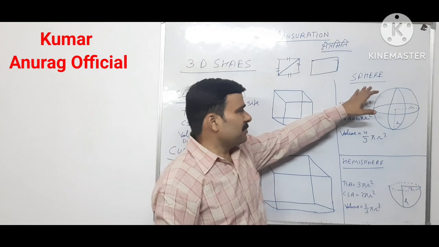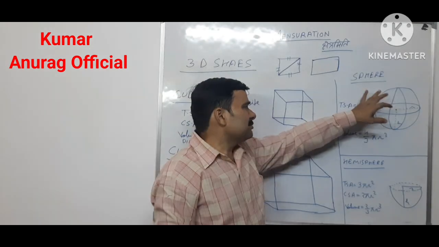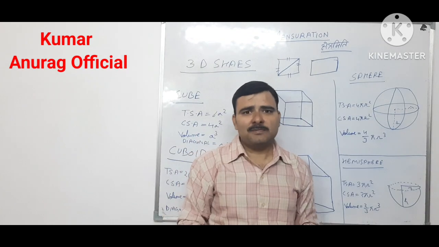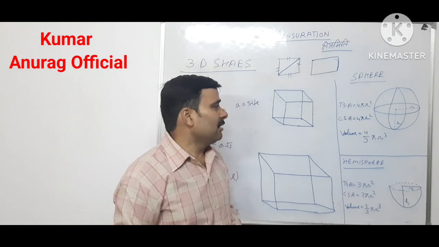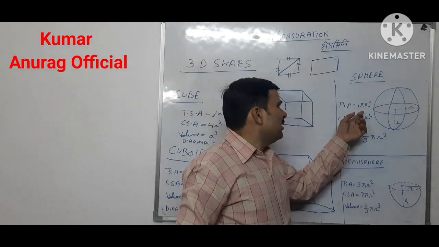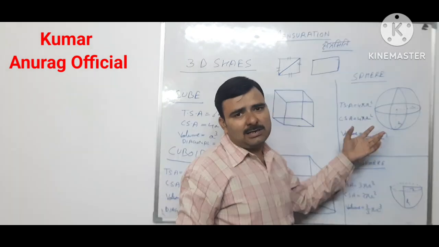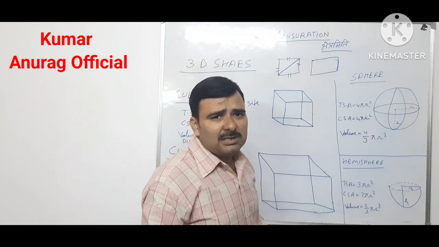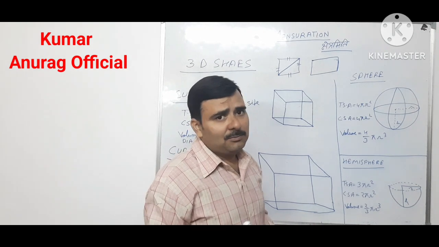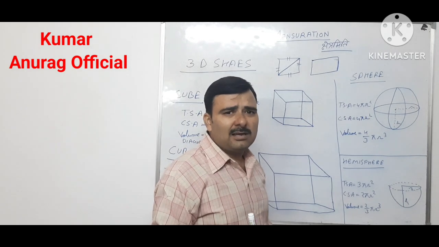Now we have a sphere. A sphere is another 3D shape. Examples of a sphere are a ball or a football. In a circle we have a radius but no height, but in a sphere we have height along with the radius.